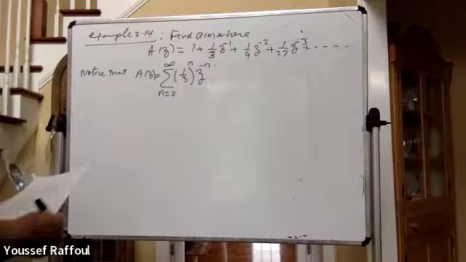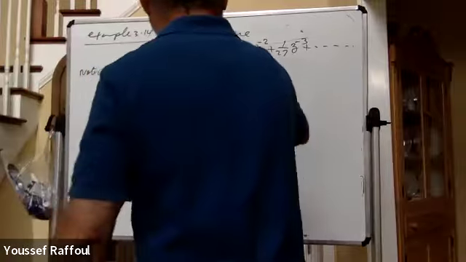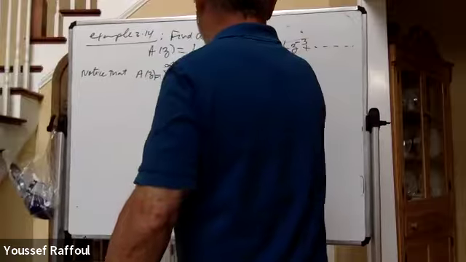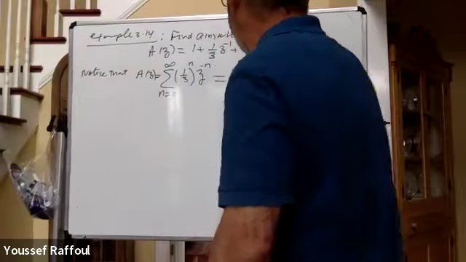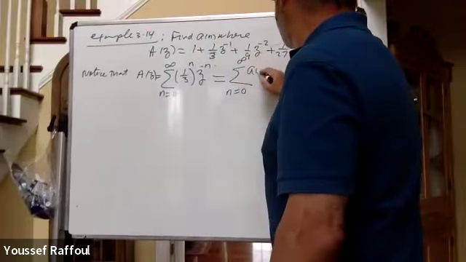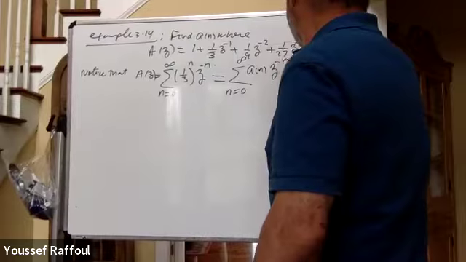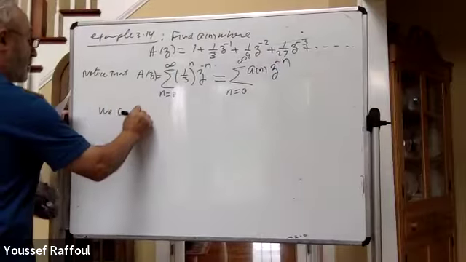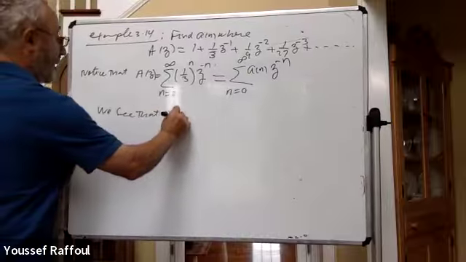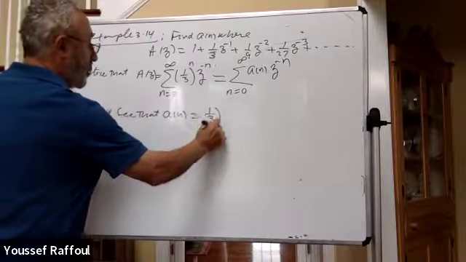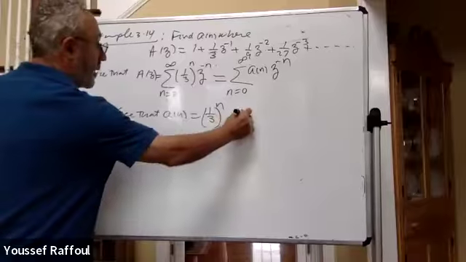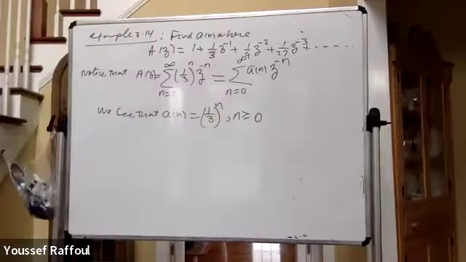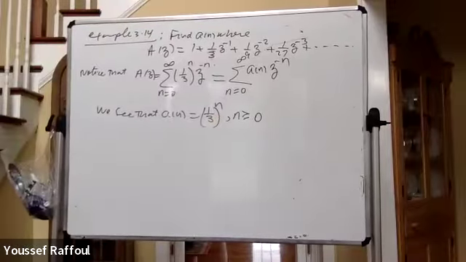And recall what the Z transform is. And so we see that a_n is 1/3 to the power n for n bigger or equal to 0. Okay, so we did recover a_n.